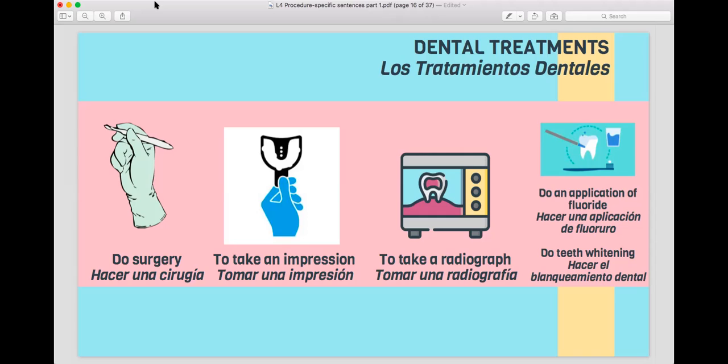You can say, yo tomo una radiografía. Do an application of fluoride, hacer una aplicación de fluoruro. You can say, yo hago una aplicación de fluoruro. And do teeth whitening, hacer el blanqueamiento dental. Yo hago el blanqueamiento dental.